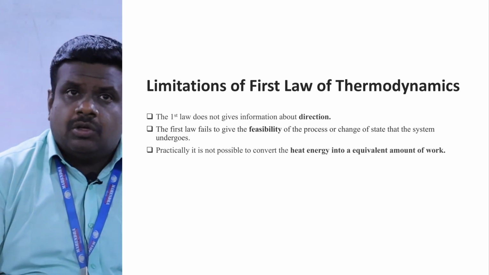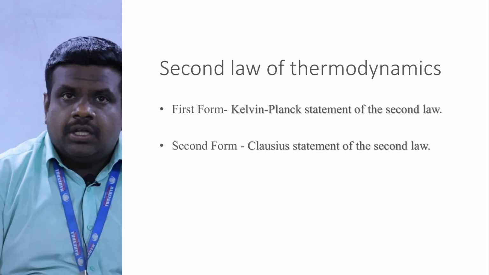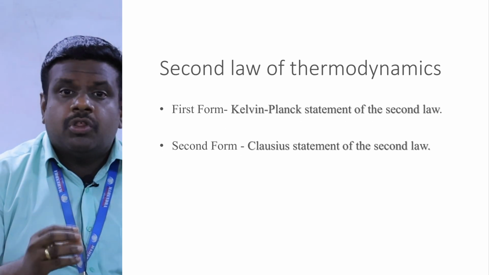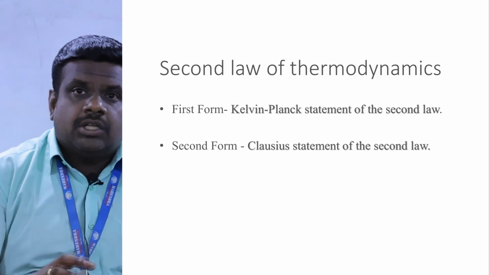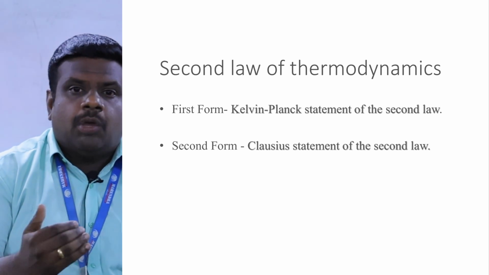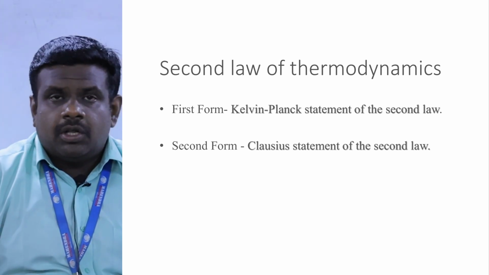Secondly, it fails to give the feasibility of a process. Third, it is impossible to convert the heat energy supplied to the system into an equivalent amount of work. So, the second law of thermodynamics has been invented.